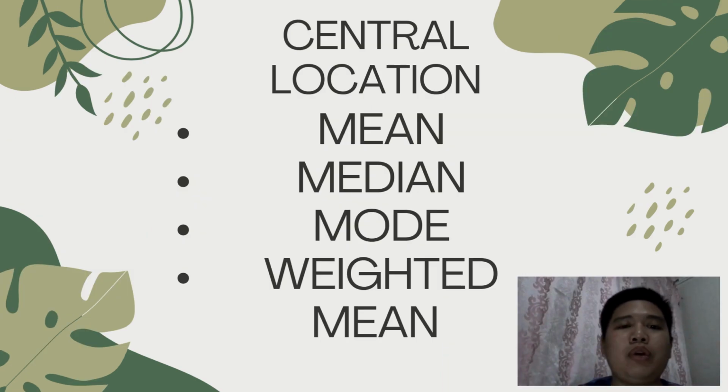There are four ways for us to measure central location. The first one is the mean, also known as the average. We calculate the mean by summing up all of the values in the data set and dividing by the number of observations.